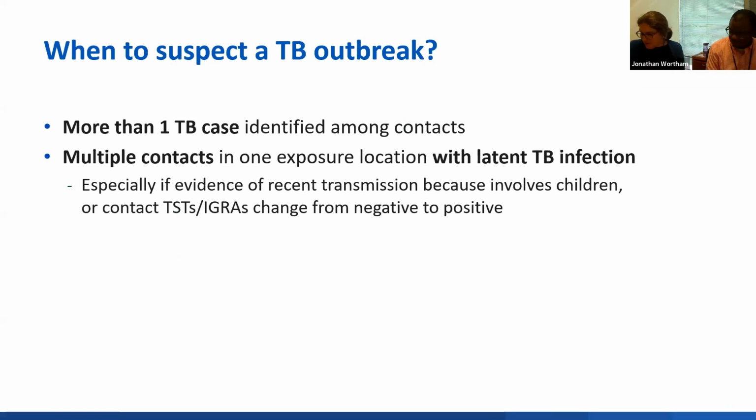Now, one key thing, and you'll see this in module 9 of the SAFE self-study modules: if you're doing a contact investigation, it's not unusual to find one secondary TB case maybe in the household, that 1% Jonathan was talking about.